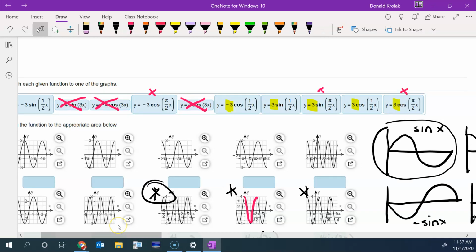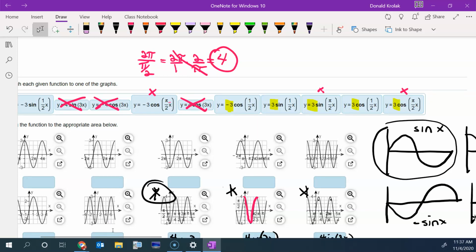Now, to get the periods, the period of this one is going to be 2 pi divided by pi over 2, times, those cancel. And the period is 4.